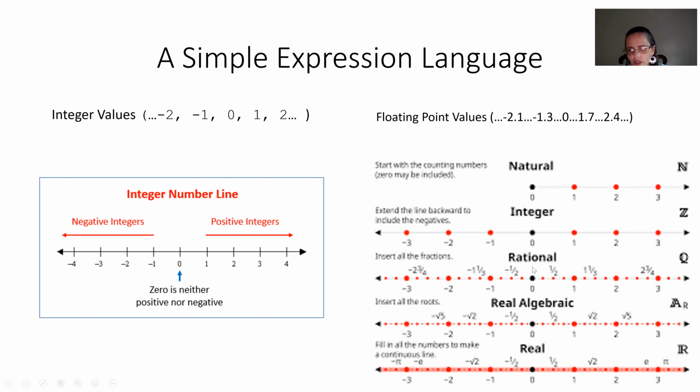Then the reals are going to include a variety of other expressions, such as the square root and negatives. And we also have the real numbers over here. So the floating point values will essentially allow us to represent any of these which we wish to represent, whereas the integers are a little bit simpler because they don't allow us to represent any decimal component.